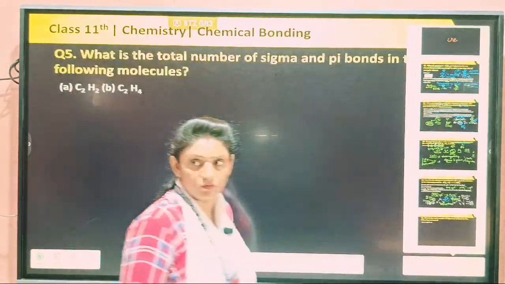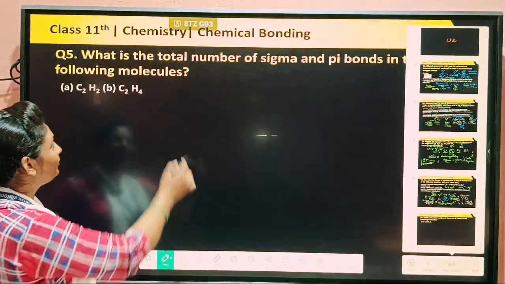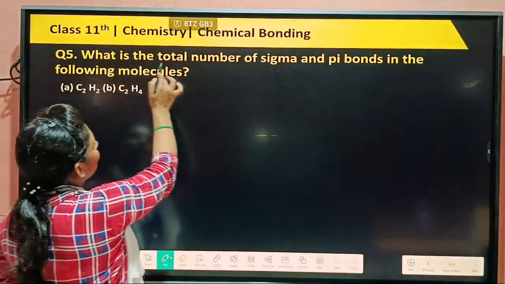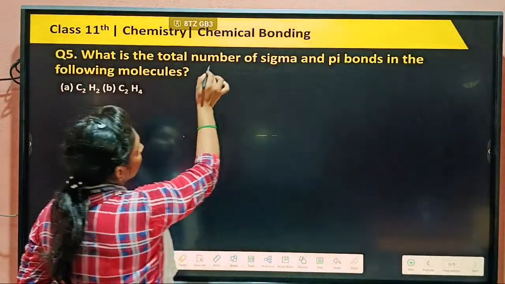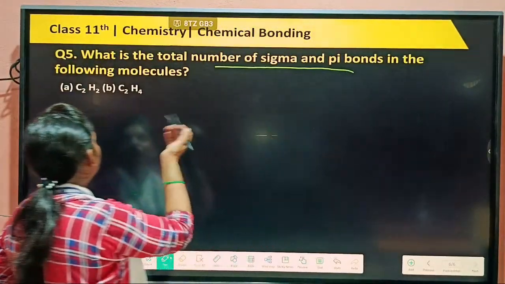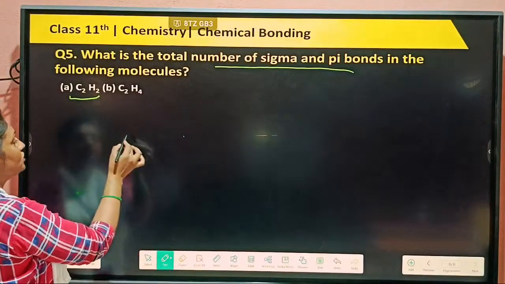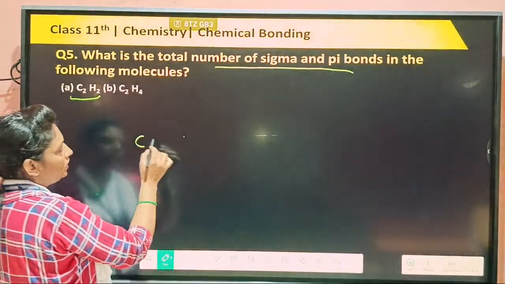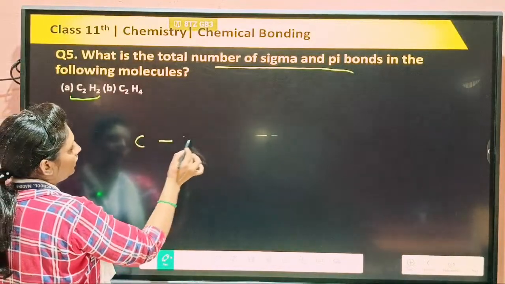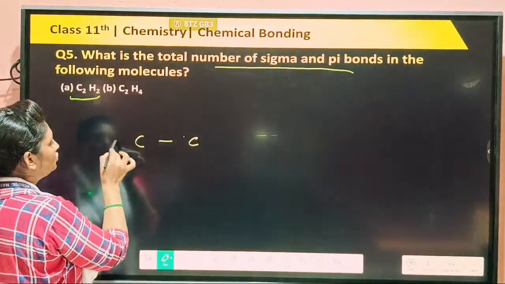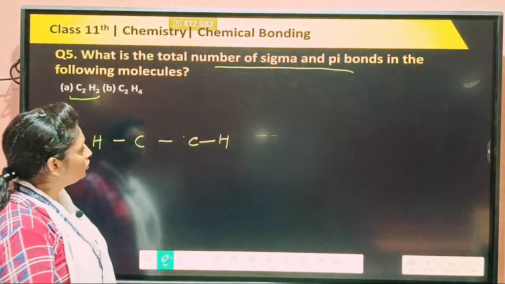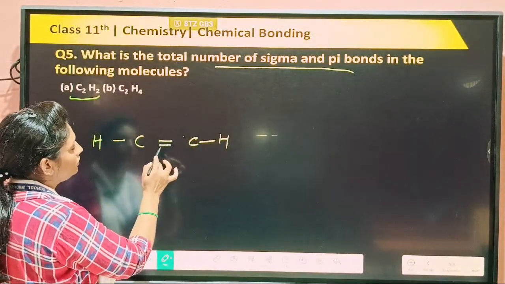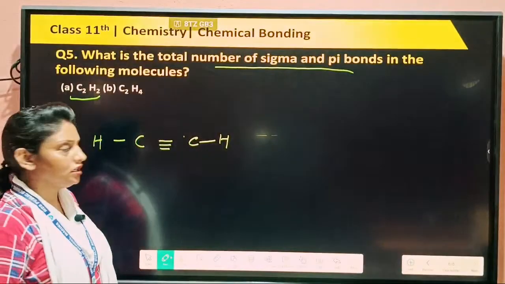Our last question for today: what is the total number of sigma and pi bonds? It is a very easy question: C2H2, two carbons and H2. You know very well carbon is tetracovalent, so it is forming a triple bond.